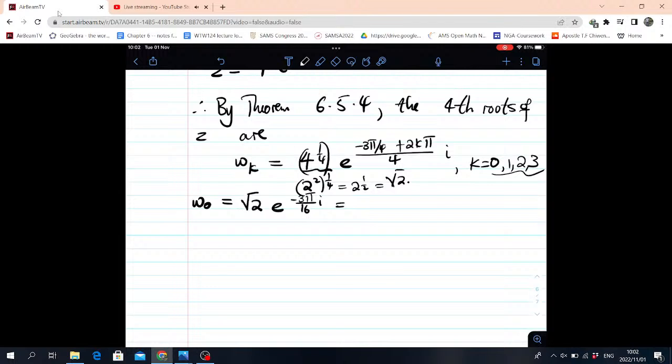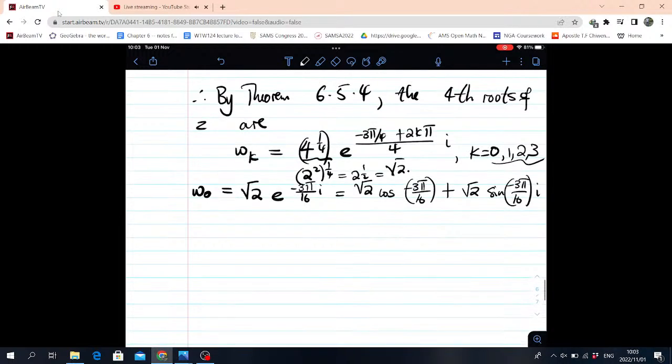You can write it in the other polar form, root 2 cos of minus 3 pi over 16 plus root 2 sine of minus 3 pi over 16 i, right? And if you want to write it in standard form, you just have to find the cos and the sine of that, and then it becomes a complex number in standard form, right?